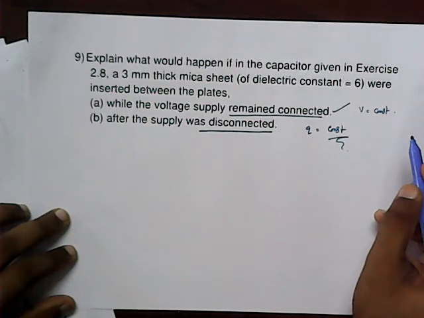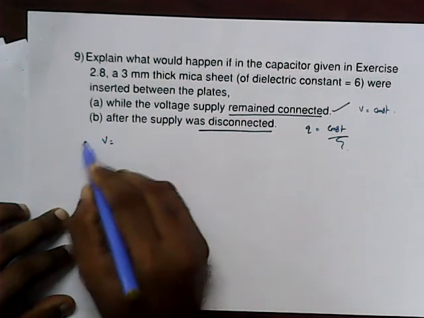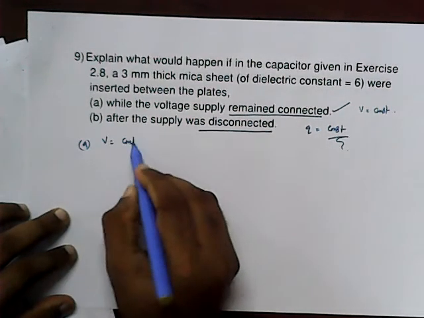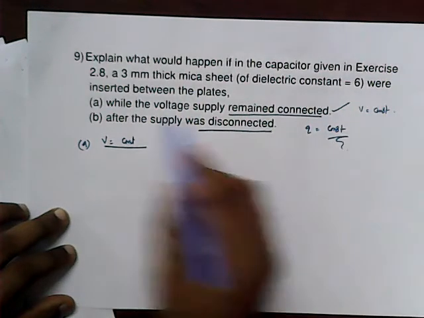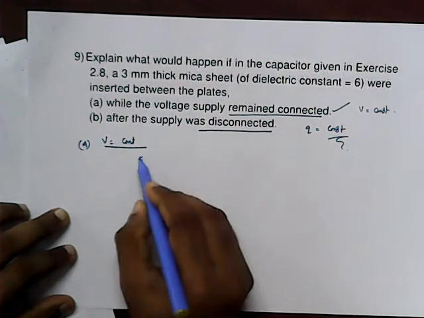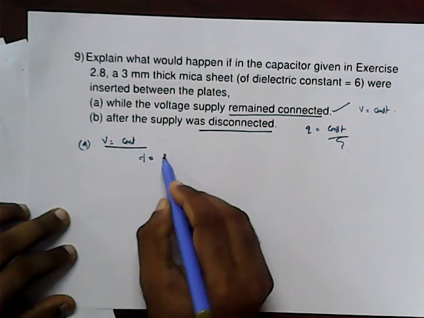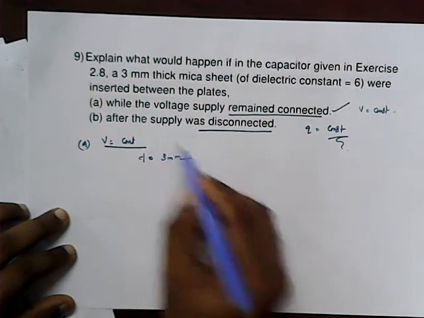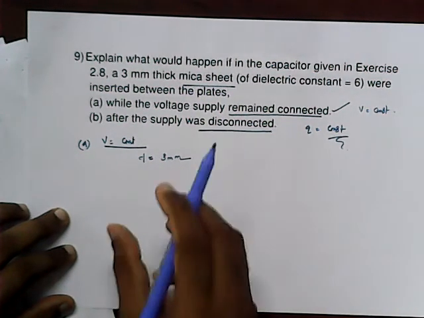So in the first case, the potential is constant. But here a dielectric slab is introduced, and the separation between the plates in the previous question is 3 millimeter, and here the mica sheet is also 3 millimeter, so it is fully inserted.